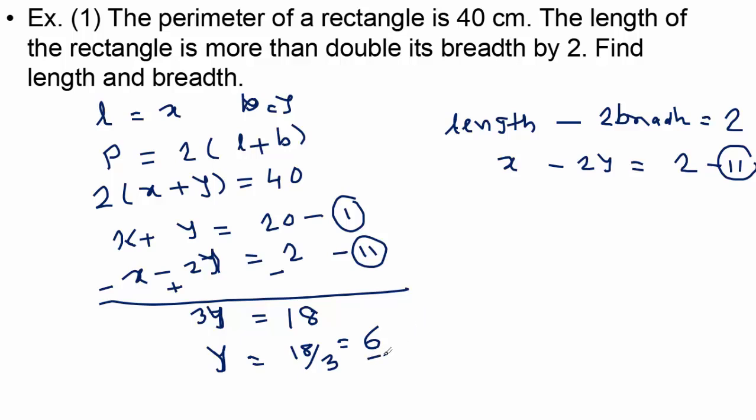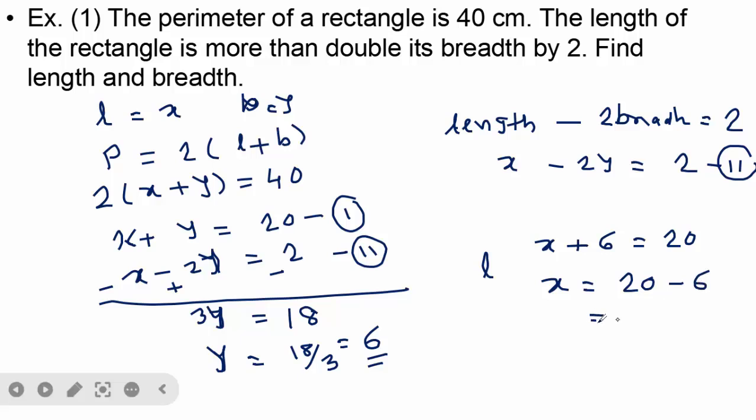y equal to 6. For finding length, we shall put this value in the first equation. x plus y, that is 6, equal to 20. Therefore, x equal to 20 minus 6, that is equal to 14.